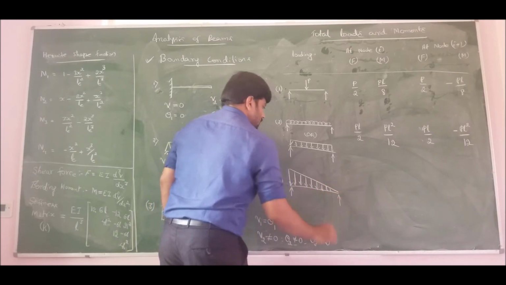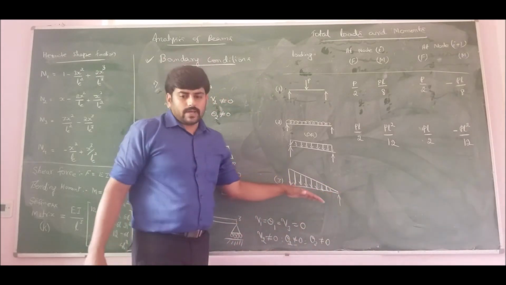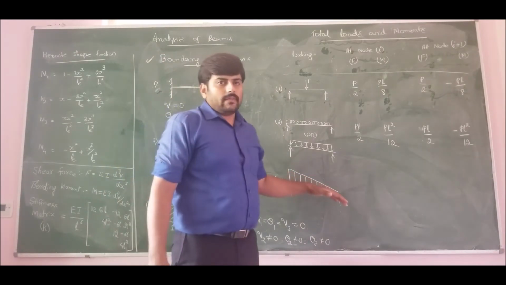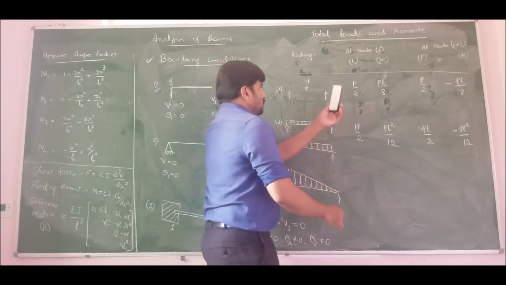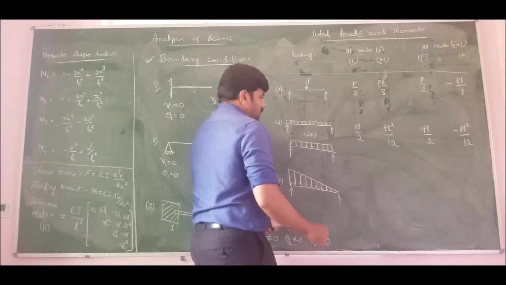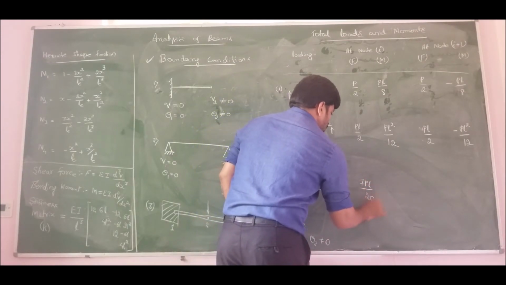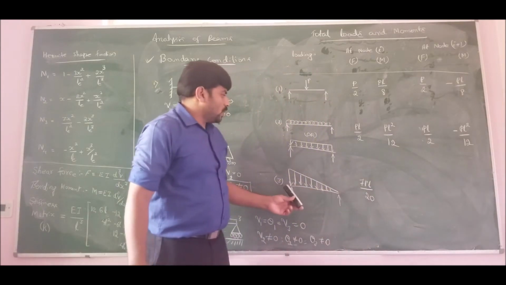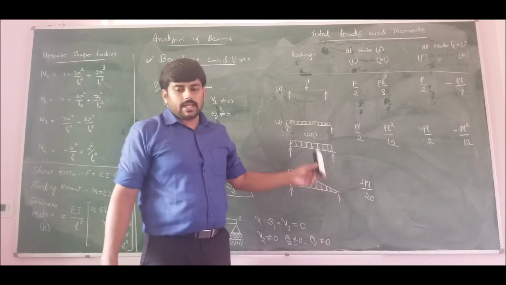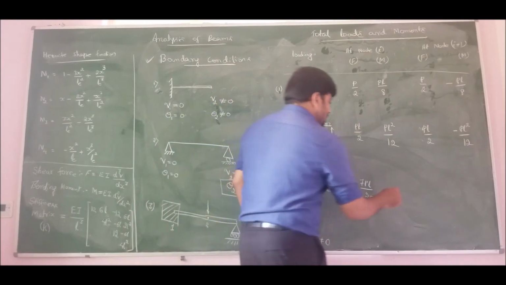Similarly, if I have uniformly varying load, with a simply supported beam with uniformly varying load, then at node 1 the load will be 7 PL by 20 and the moment will be PL square by 20.